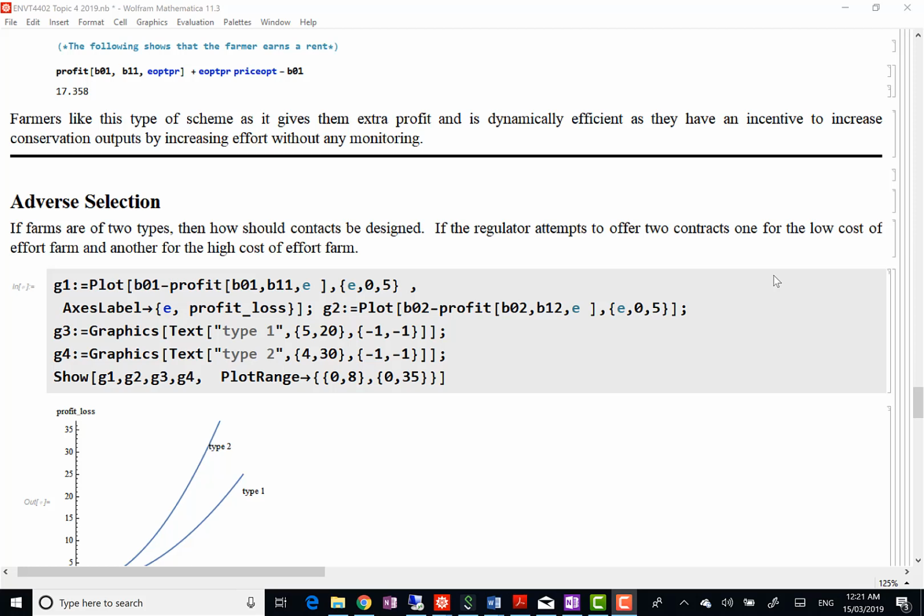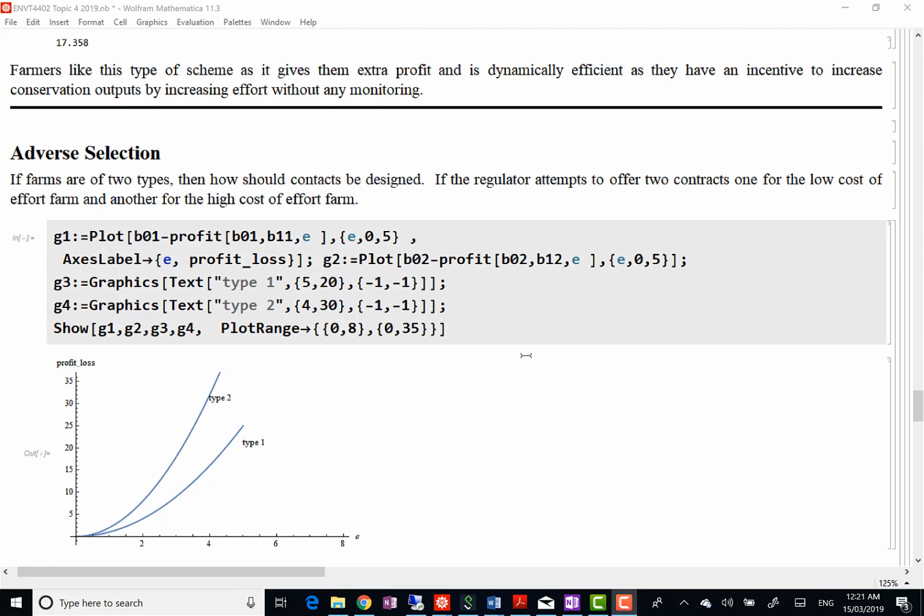In part 3, I'd like to look at the issue of adverse selection. So in this problem, as it's set up, we have two farmers: a high cost farmer for conservation effort, farmer 2, and a low cost farmer for conservation effort, farmer 1.